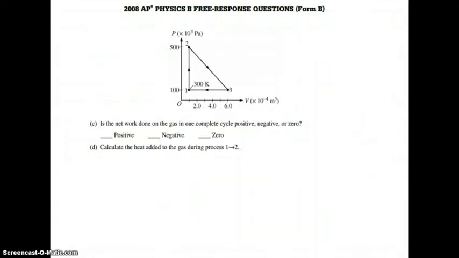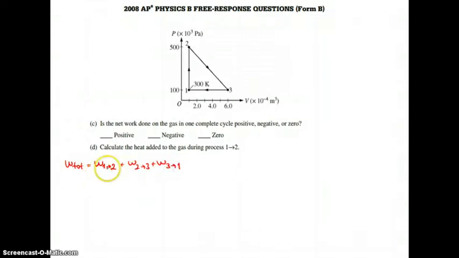Part B asks if the net work done on the gas in one complete cycle is positive, negative, or zero. We know that work total is equal to work done in the process from 1 to 2 plus work from 2 to 3 plus work from 3 to 1.